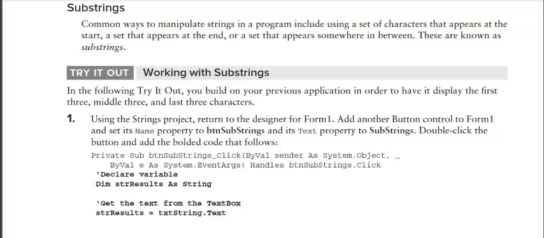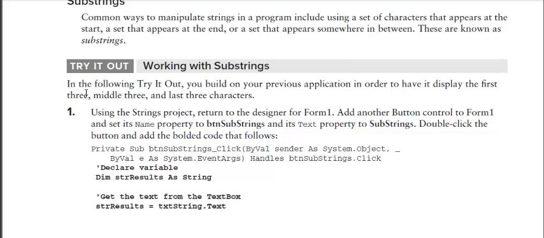So this is a second project that I'd like you to do for this homework assignment. Now you can use the same form that you had earlier and add another button and set its name property to this and its text property to substrings.